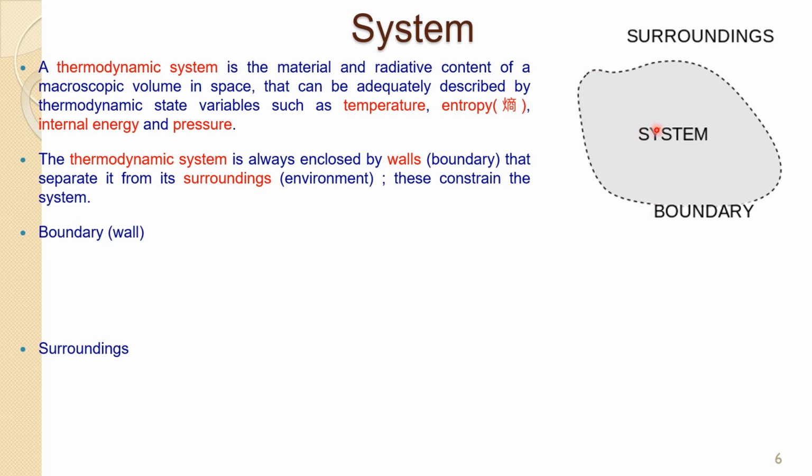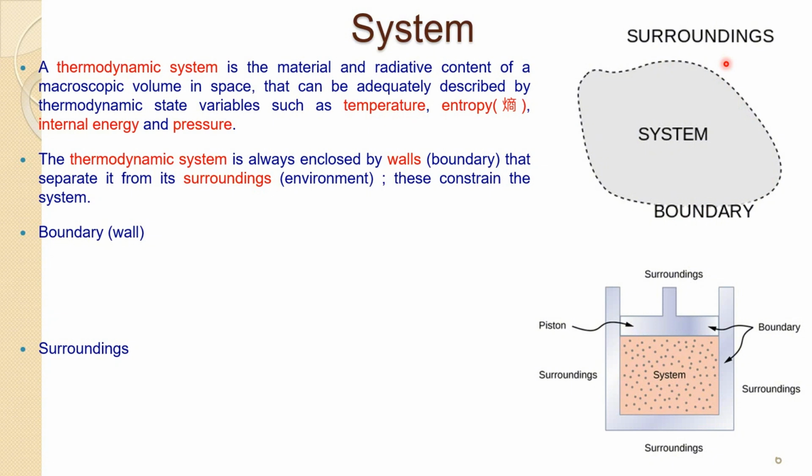So the outside of this system is the surroundings. So we have the system, the boundary, and the surroundings. You have to always keep this in your mind. A thermodynamic system is related to system, boundary, and surroundings.